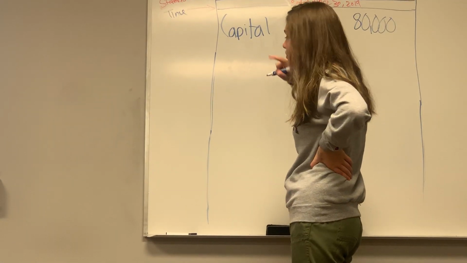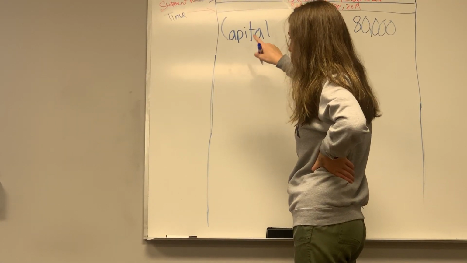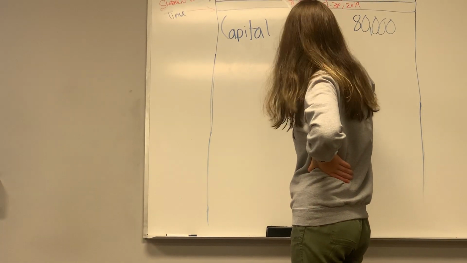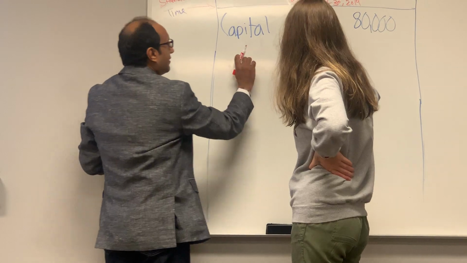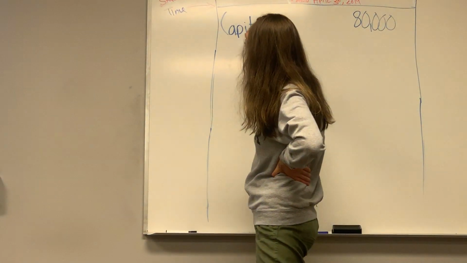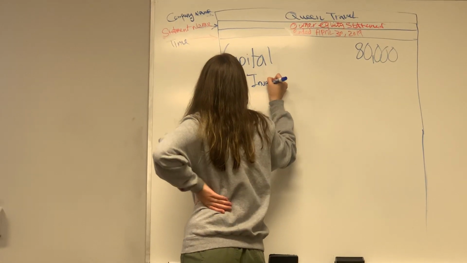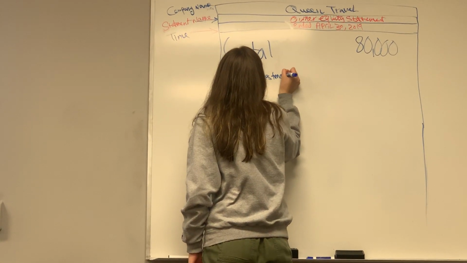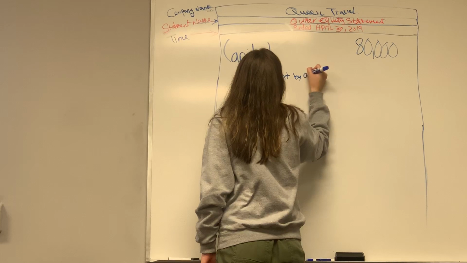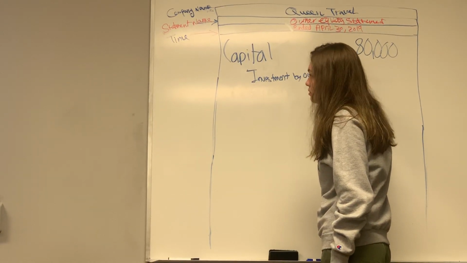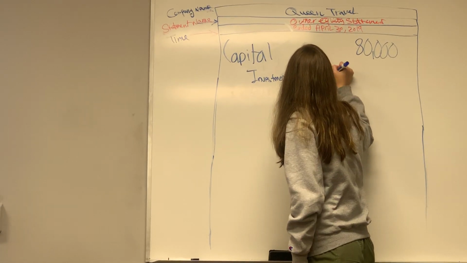Clear? Okay, capital. We have capital here, so capital is first, that's 80,000. Perfect, and then investment by owner, 50,000. Line it up here.